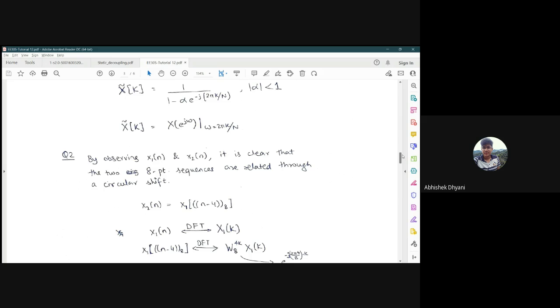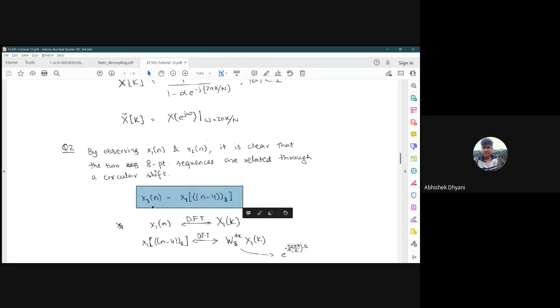So we can write this down like this. We say that x2n is obtained by x1 of n minus 4 modulo 8, right? Because it is an 8-point sequence and the shift is of 4. So this is how we will represent this shift. And we use this modulo sign because originally x1 is not periodic, but when we use this modulo sign, we are essentially thinking of it as a periodic sequence, because only then can we apply the circular shift.